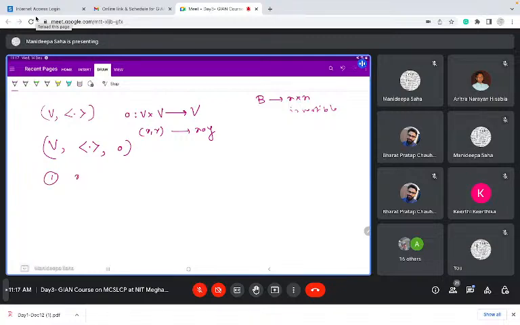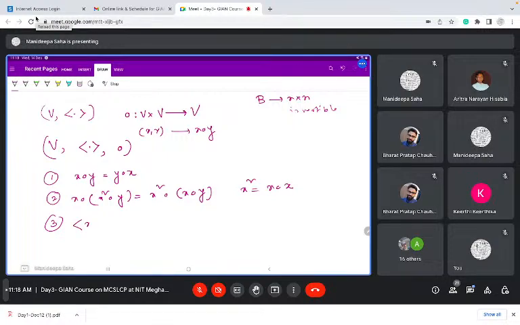First, x circle y should be commutative. The Jordan product should be commutative. The second one is (x circle x square) circle y will be exactly equal to x circle (x circle y)... here, what is that x square? I mean x circle x. And the third one is the relation of this Jordan product with the inner product, that means the inner product of (x circle y) with z will be the inner product of y with (x circle z).